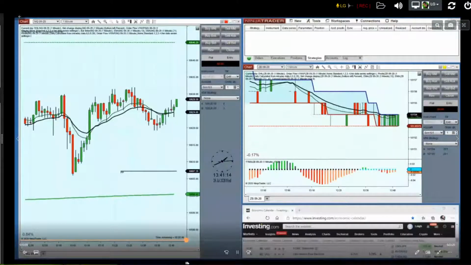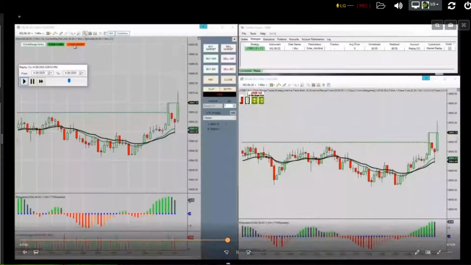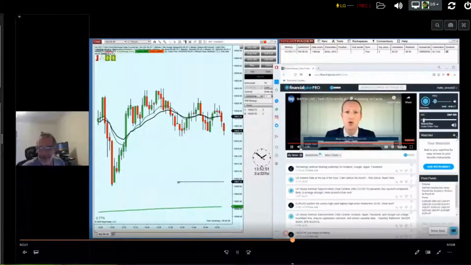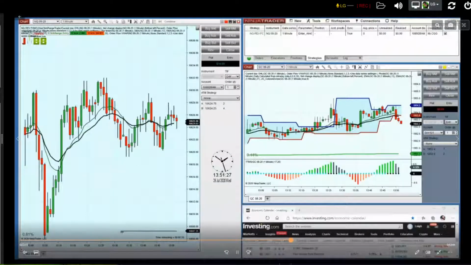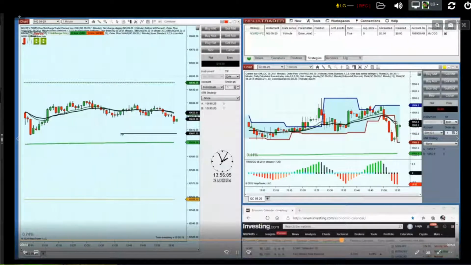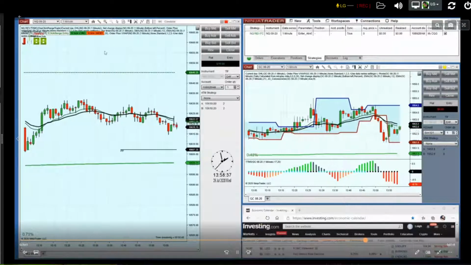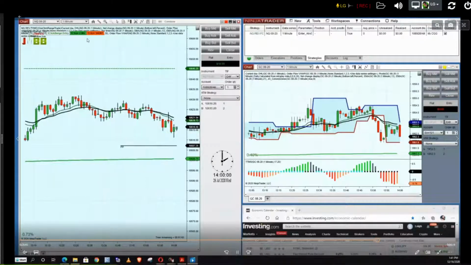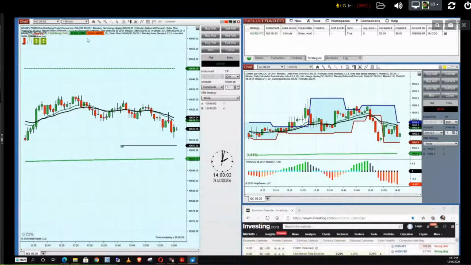In July, okay, here's 2 o'clock. I was looking for a reversal in July. No interest rate change.